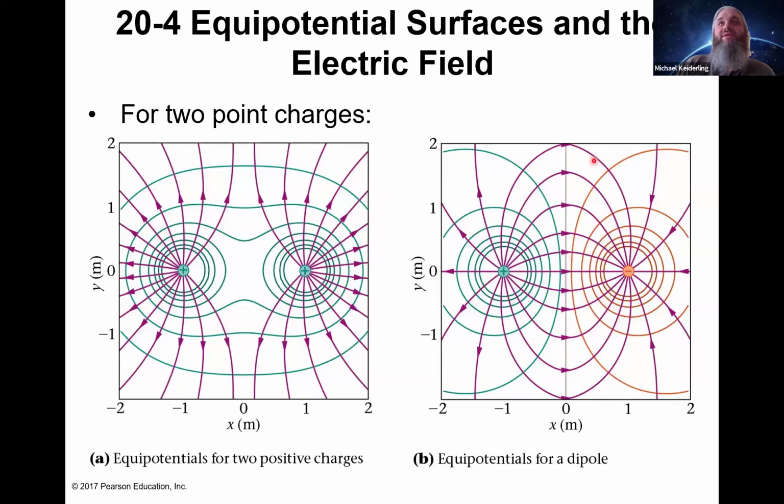These are negative equipotential surfaces. They don't have values, so I can't say, but say this was 1, 2, 3, 4, 5, 6. This is 0, 1, 2, 3, 4, 5, 6 kind of thing. And you can see how the electric field lines are always perpendicular to the equipotential surfaces.